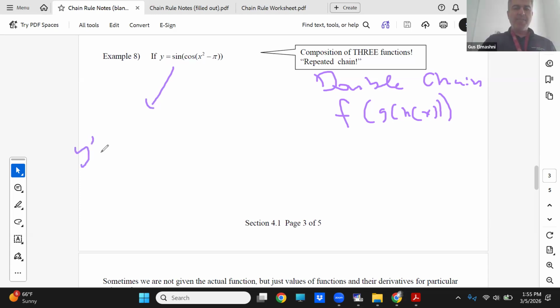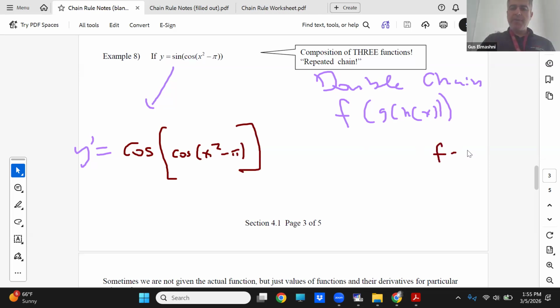Y prime. Okay, what's the derivative of sine, guys? So cosine, bracket, and I'm going to keep the rest intact. And remember, my f is going to be sine x. My g is going to be cosine x. And my h is going to be x squared minus pi. Okay, but I'm not done yet.